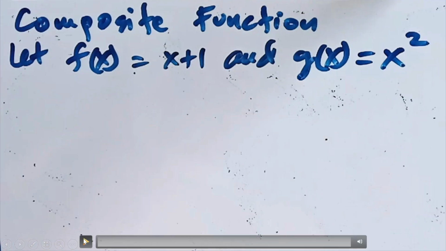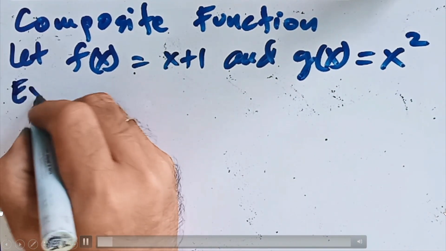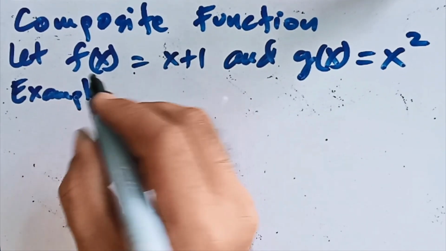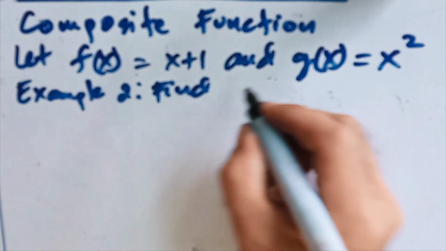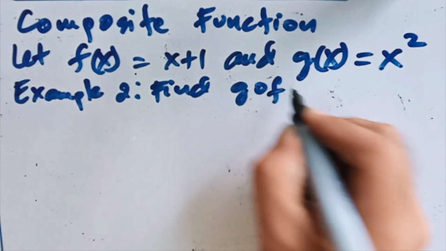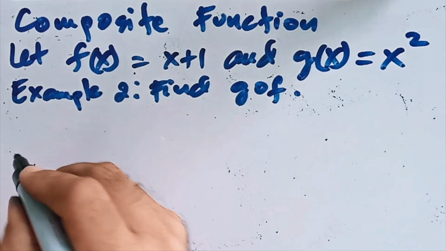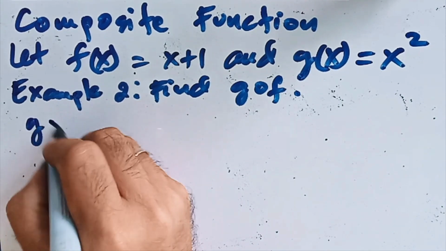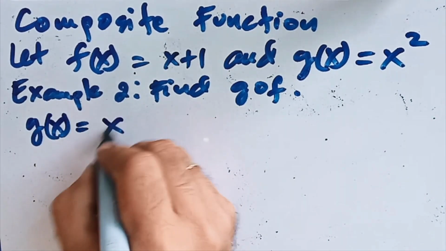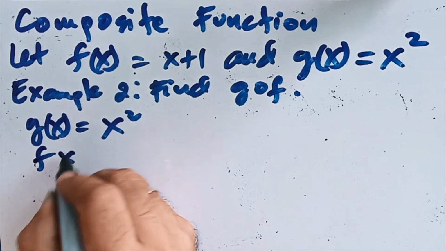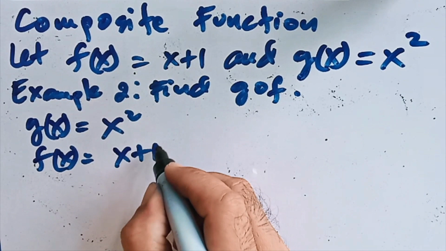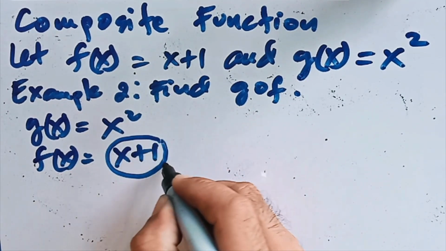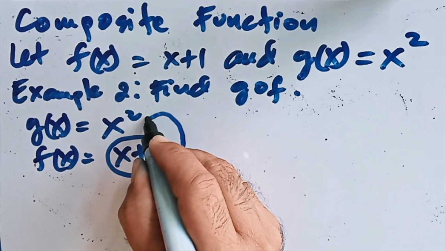Next, let us try the other way. For example, you encounter a problem like find g of f. You see g of x is equal to x squared. That is your output and the input is f of x.